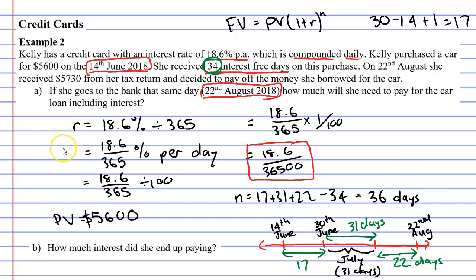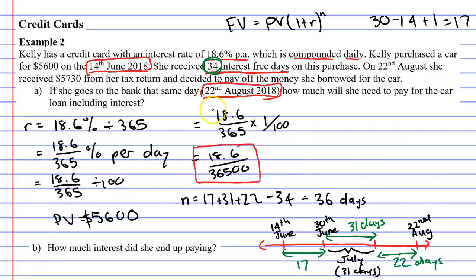So we've now got all the information we need. The only problem is we're really running out of space here, so I'm going to fix that now. Alright, so for our formula, FV equals PV, PV being $5,600, (1 plus R), R being 18.6 over 36,500, close the brackets and put this to the power of n, which was 36 days.